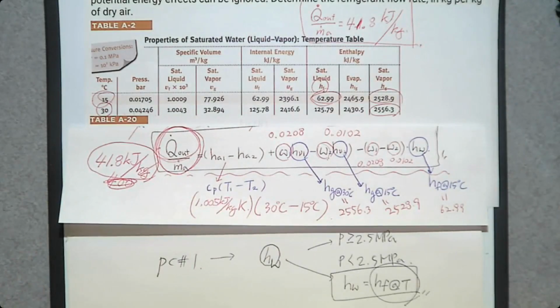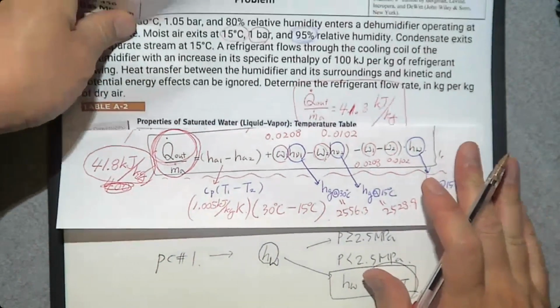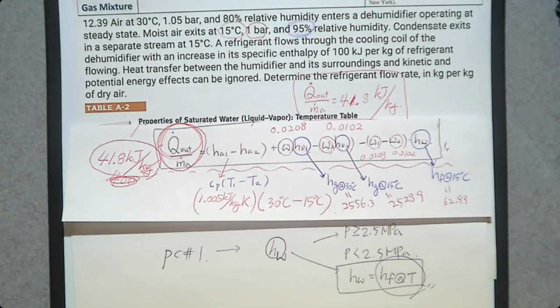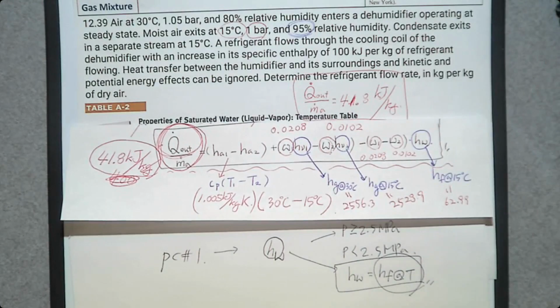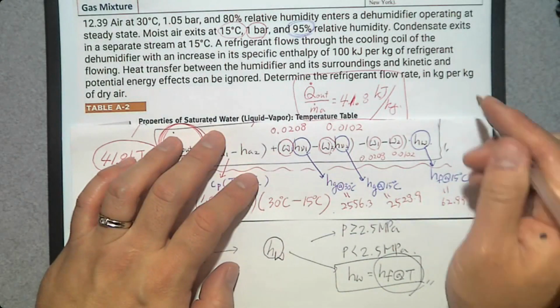And each kilogram of refrigerant can remove the enthalpy of 100 kilojoule. So to remove 41.8 kilojoule, how much refrigerant do we need?